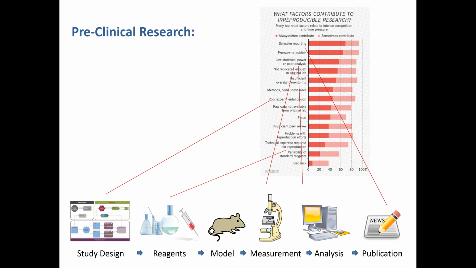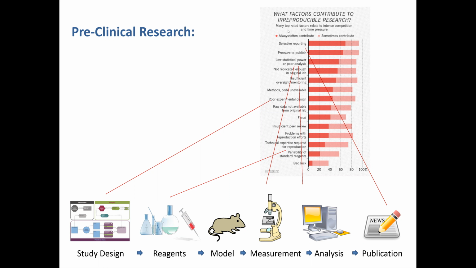If you go back to this list of potential variables influencing reproducibility that Monya Baker presented, you will see that these different presumed causes for poor reproducibility affect basically all aspects of this study pipeline.